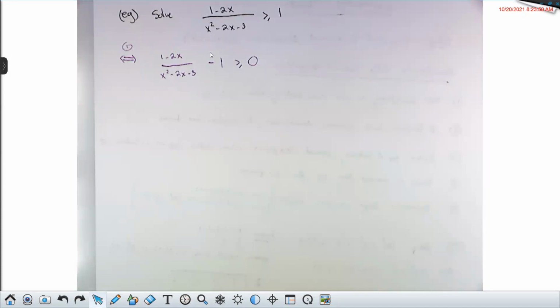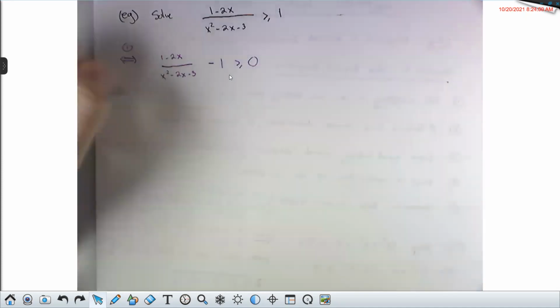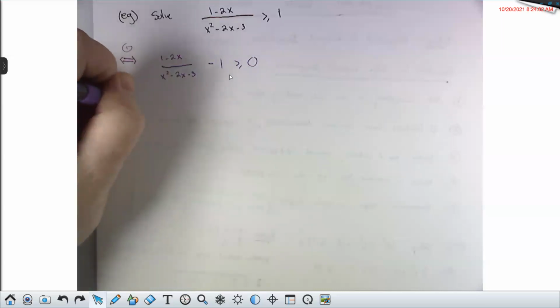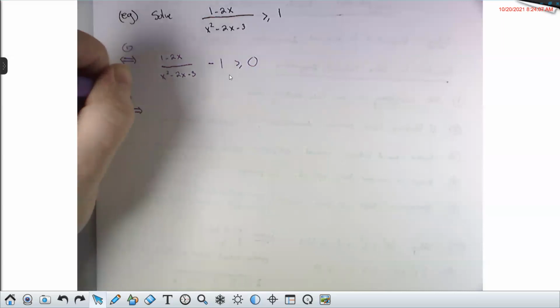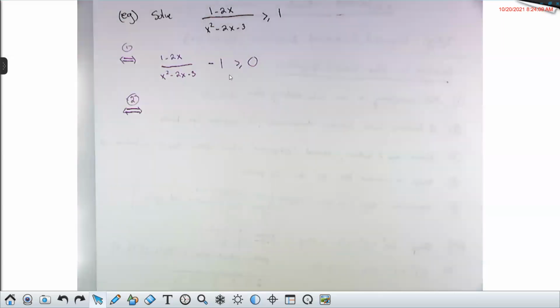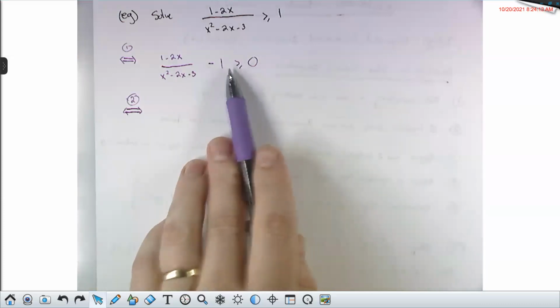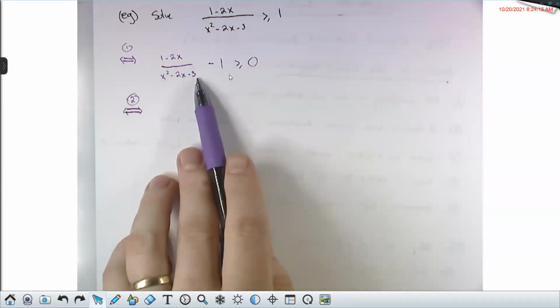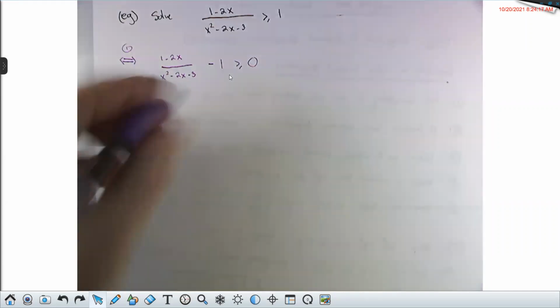Get rid of the bottom or create a common denominator. Yeah, exactly. I've got two different pieces here. One of them has this denominator. The other one has denominator 1. So if I'm going to write those as a single fraction, I need to have a common denominator. And that's our step 2. Now, in order to put these together, I need to multiply this negative 1 by x squared minus 2x minus 3 over x squared minus 2x minus 3.